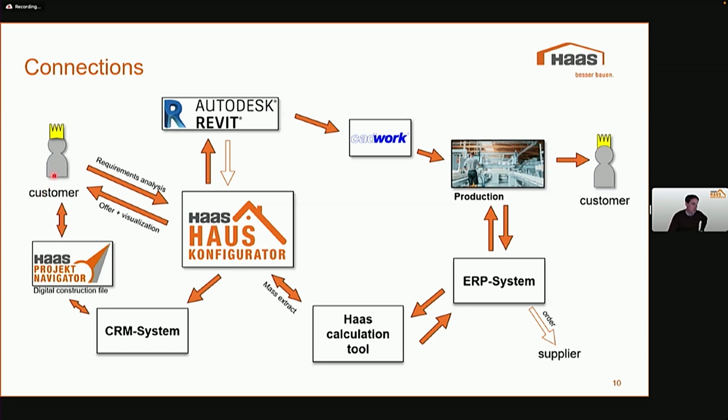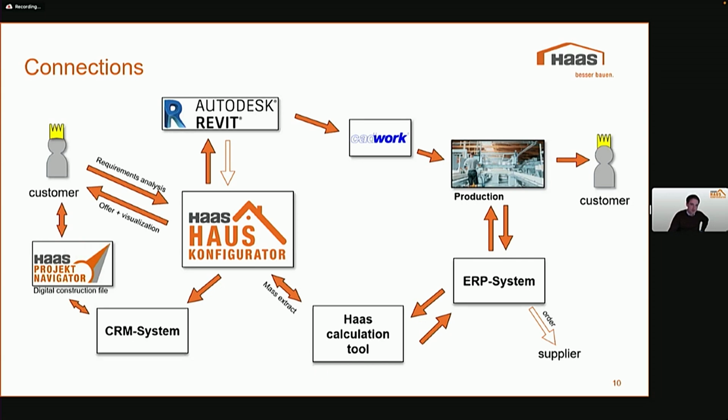The customer can send us digital information, for example, from his local building department or government papers. And we also send them, not like email or fax or post. We will always send the information to the customer over the Haas project navigator.